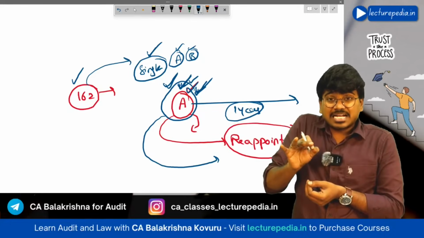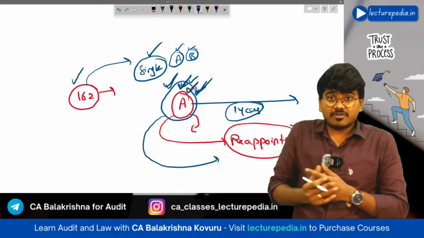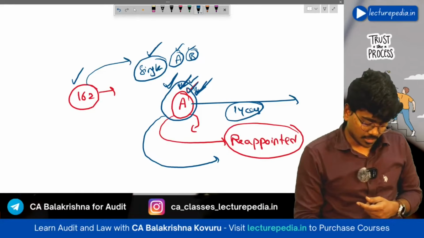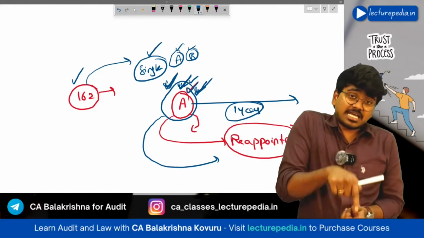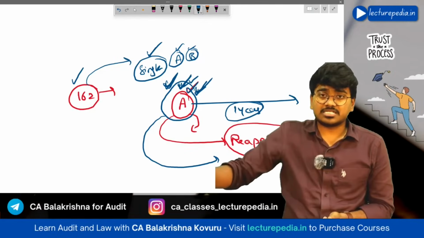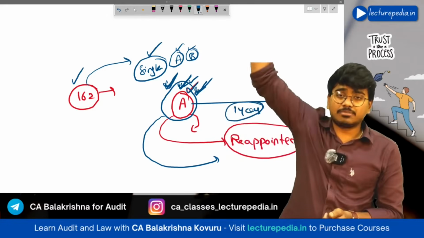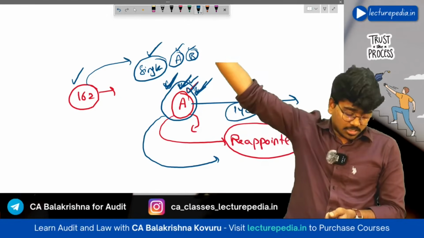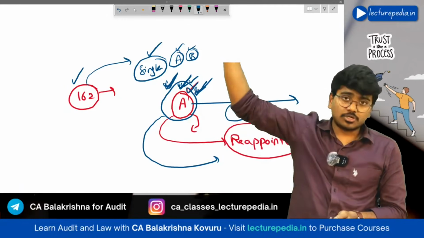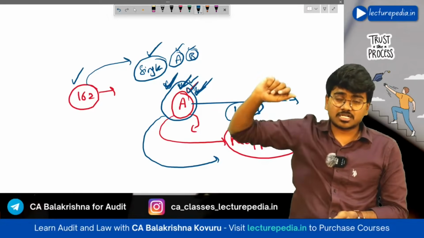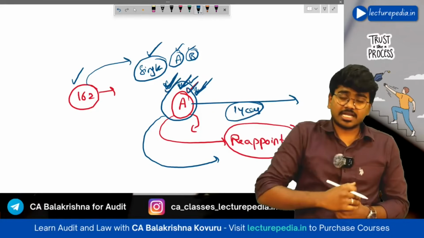Whether all these activities will become valid or invalid? See, thinking that he is a director, he has taken all these decisions, and after some days it came to light that due to contravention of section 162 he is not a director.